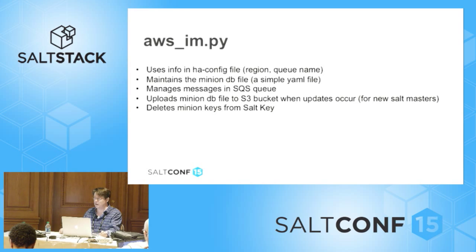It's really cheap, nice and highly durable. The other thing this guy does, he deletes a minion key from the salt master. So if I get a message, I don't need to wait like I would normally wait for an event. I can just get rid of that guy because I know Amazon Autoscaling said this guy's gone. There's no reason for me to wait around. So I kind of change that strategy a little bit.